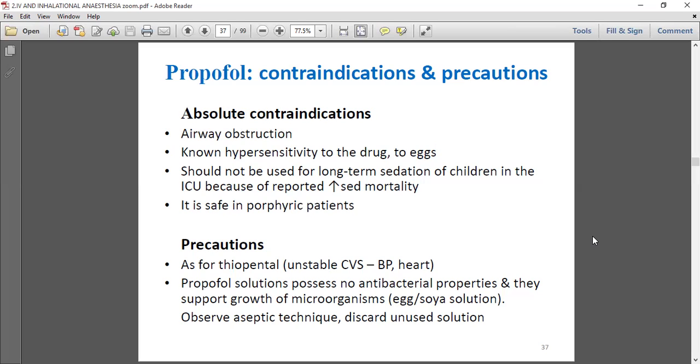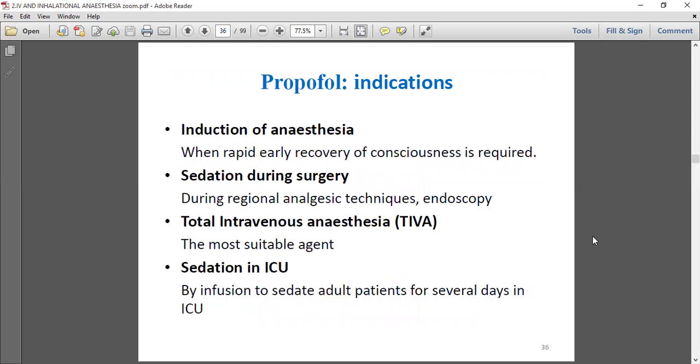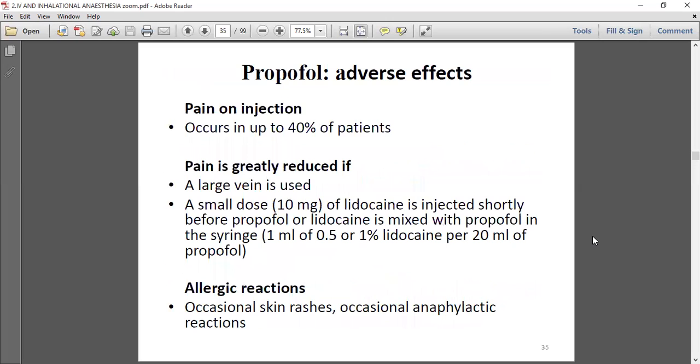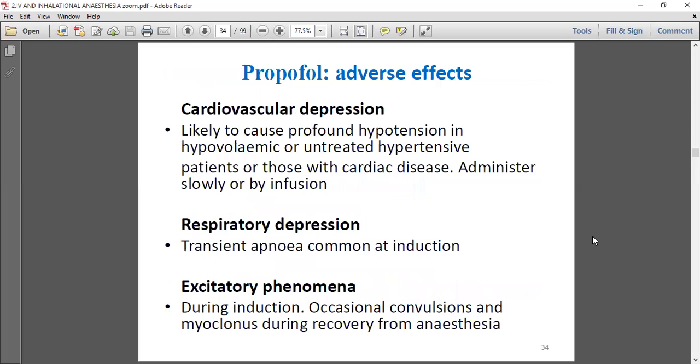No, but they already said here in his slides, let me read it again for you. If patients have untreated hypertension, you cannot use propofol because it can cause hypovolemic shock in those patients, if they are not on good management.